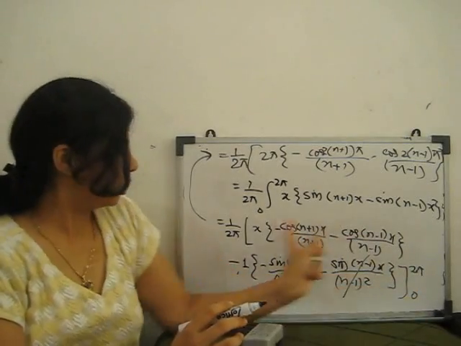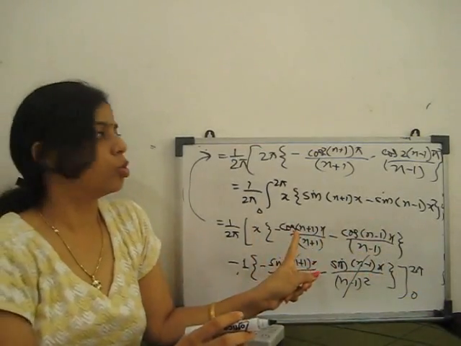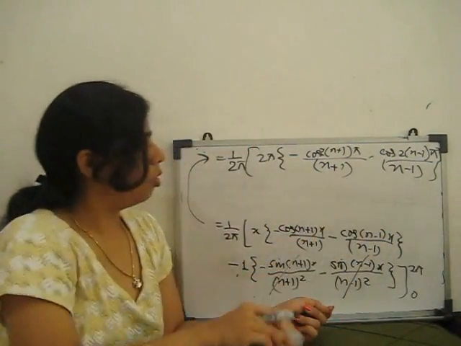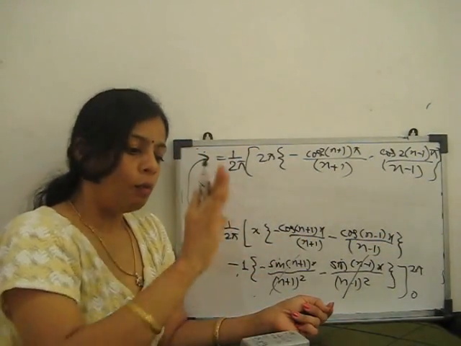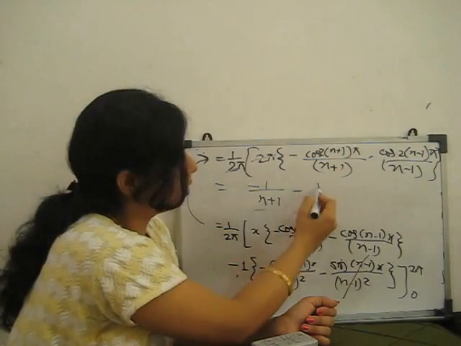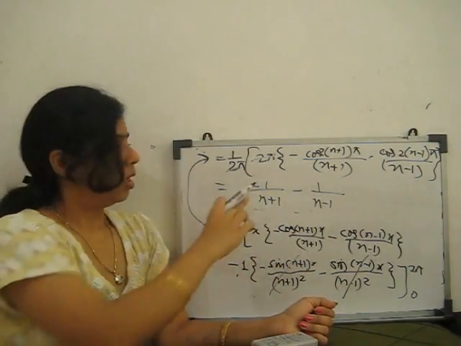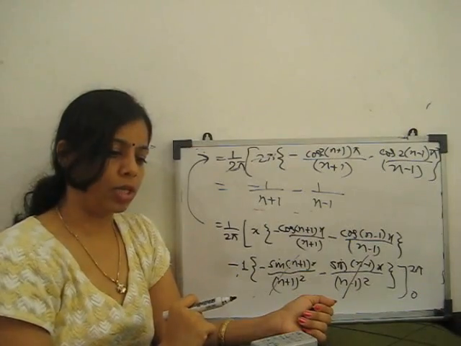When we apply the lower limit 0, all terms go to 0. So only this term is remaining. Now we calculate this. What is it? Minus 1 upon n minus 1. Clear?